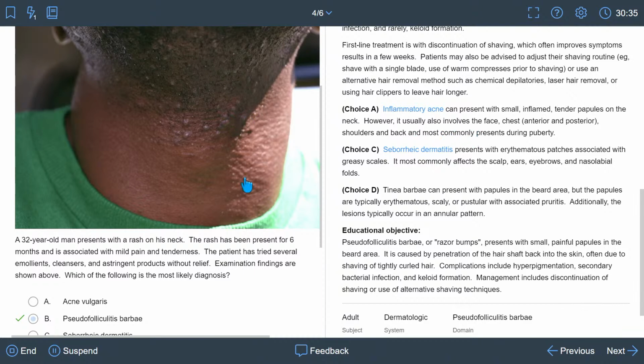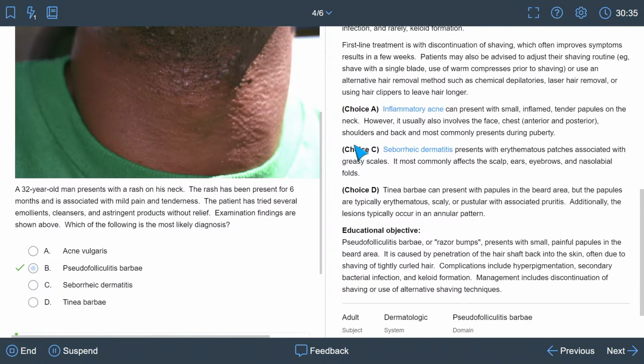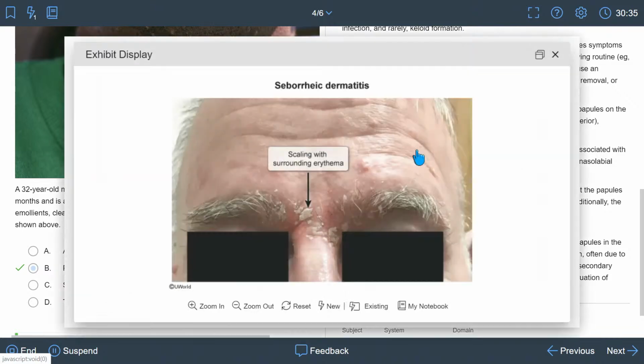Choice C, seborrheic dermatitis. It normally comes also with erythematous patches associated with greasy scales, which is going to most commonly affect the scalp, the ears, the eyebrows, and the nasolabial folds. We also have another image here.